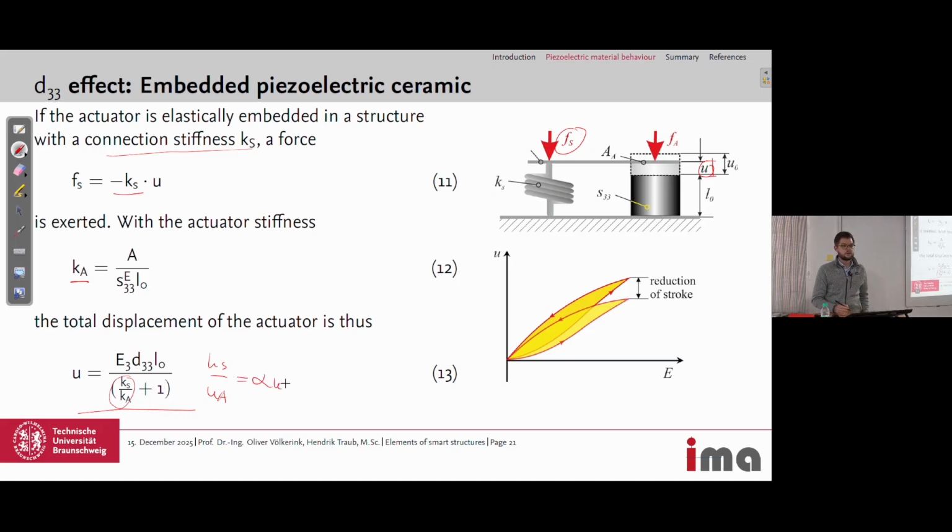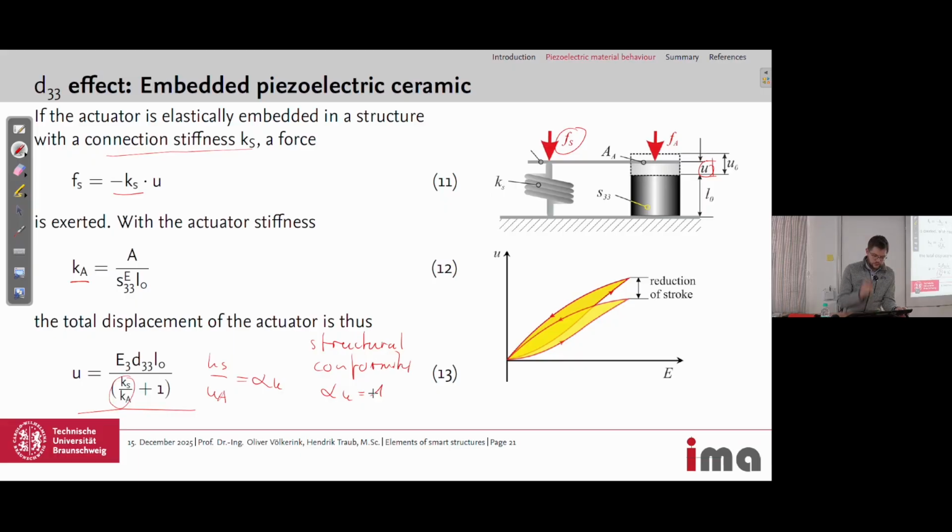So this is the ratio of stiffnesses, and we have structural conformity when we have alpha K equals 1, so same actuator and surrounding structural stiffness.